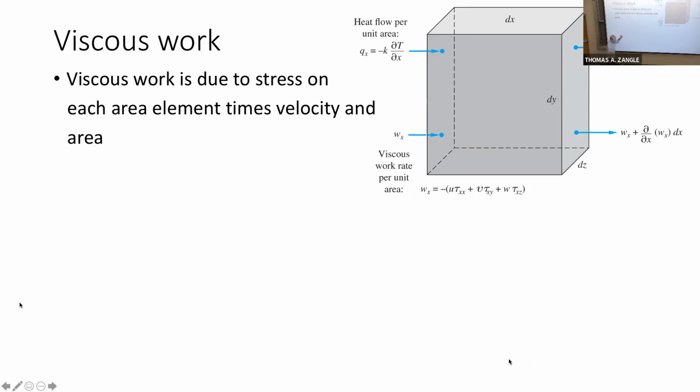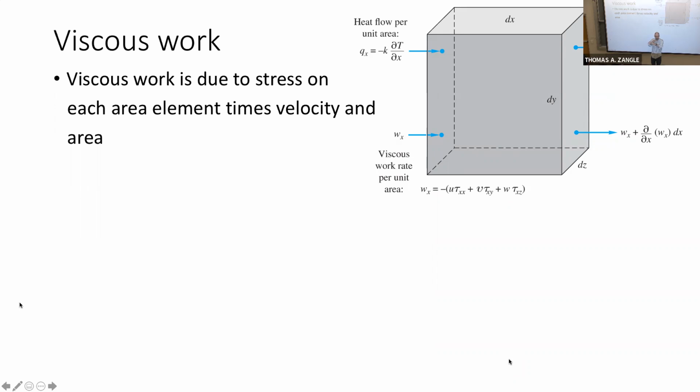Another way that we can get energy into a fluid is by viscous work. It's basically friction between adjacent parcels of fluid. As we have one parcel of fluid moving in one direction, crossing over another parcel of fluid moving in the other direction, there's friction between those two.